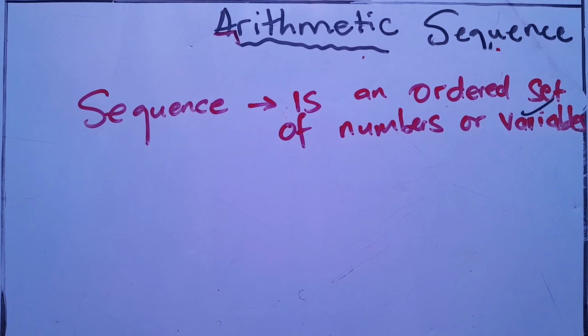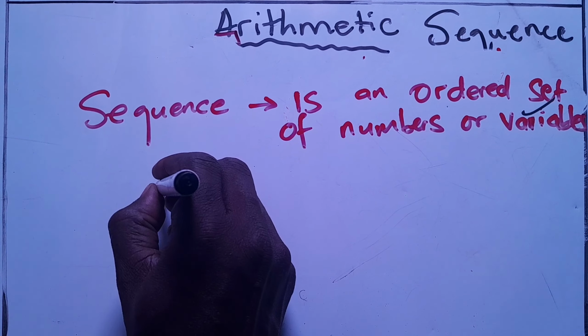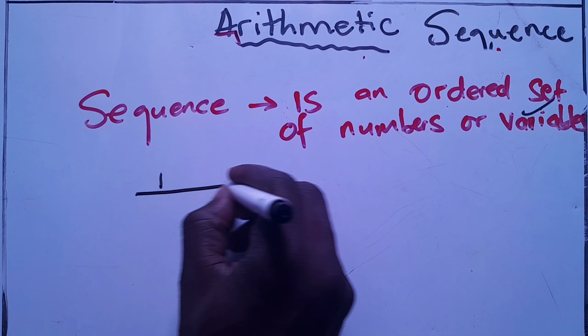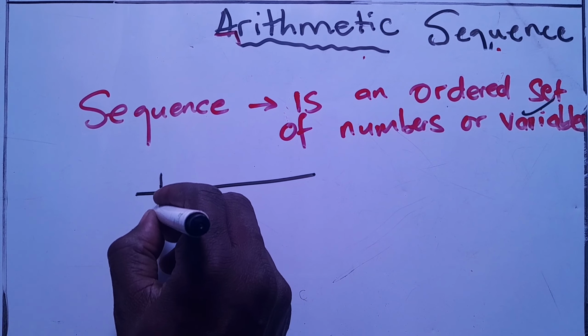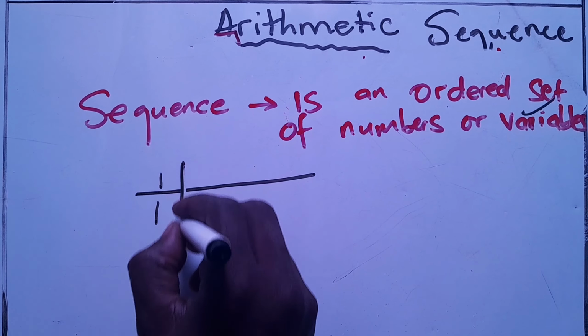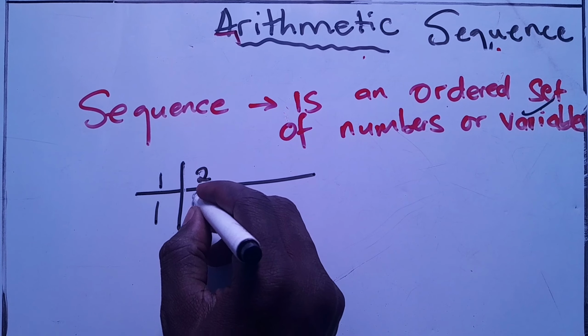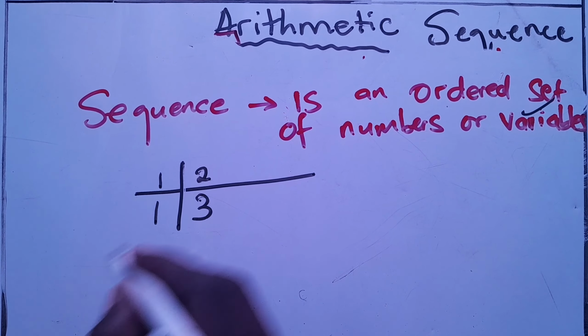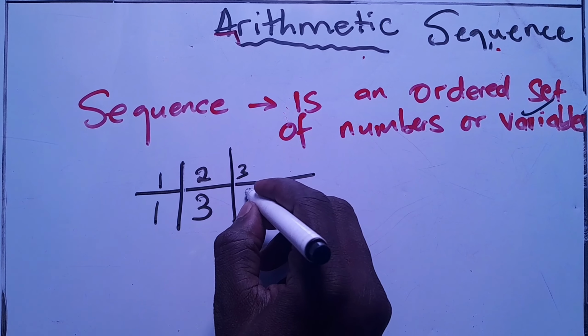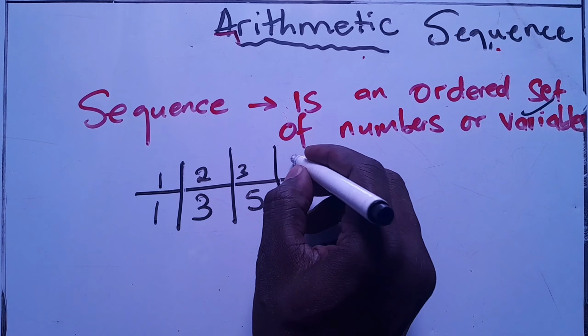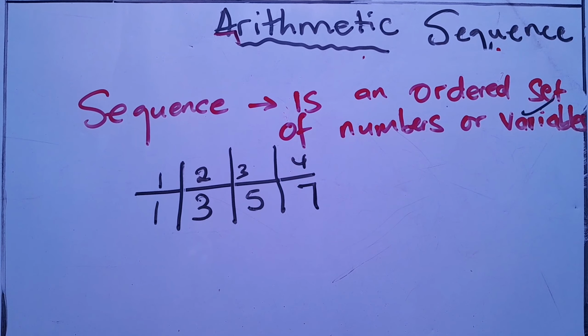In the previous example, on the first stair we put 1 box, on the second 3 boxes, on the third 5 boxes, and on the fourth 7 boxes.